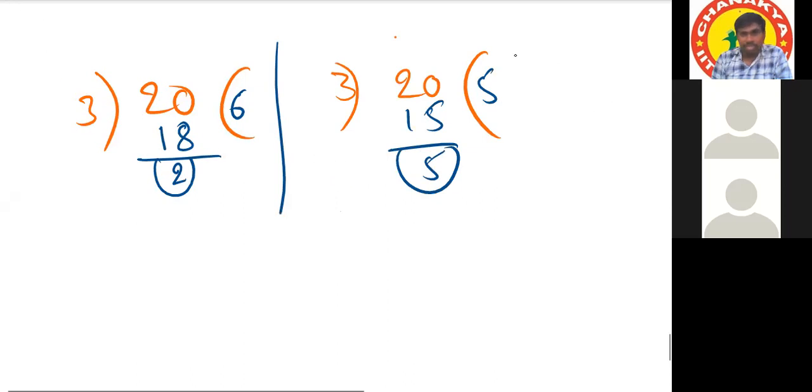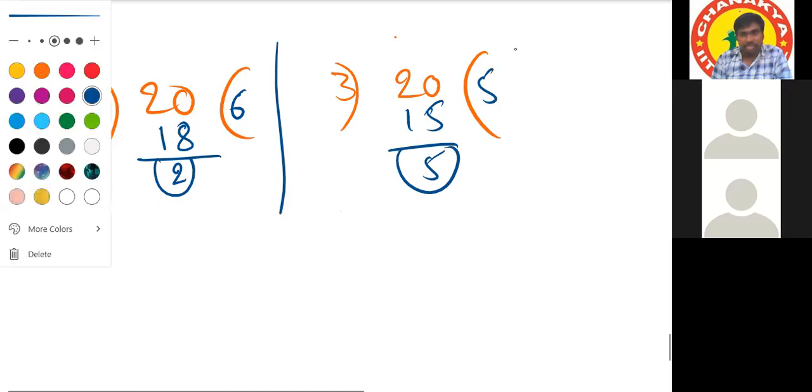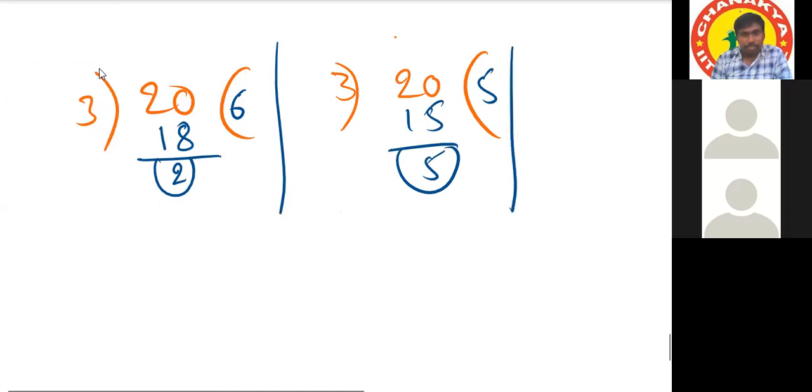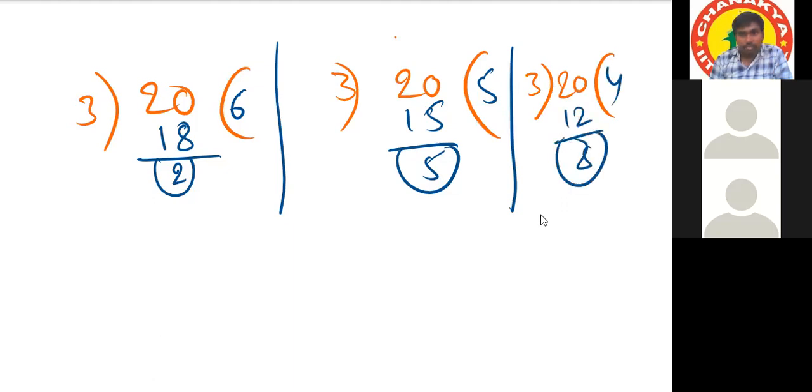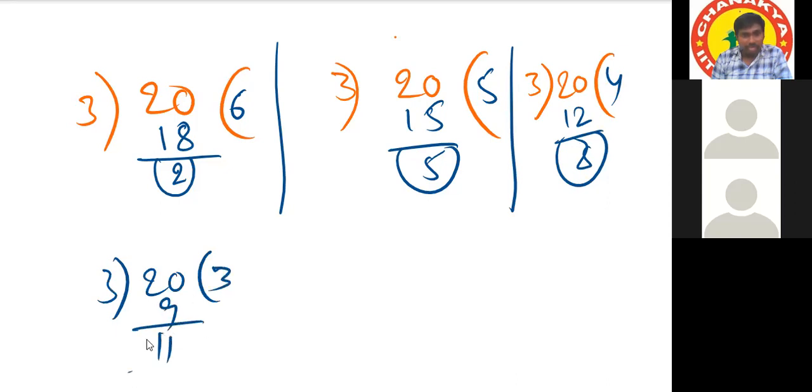Any number of multiples we can take. 3 4s are 12 with remainder 8, that is also correct.